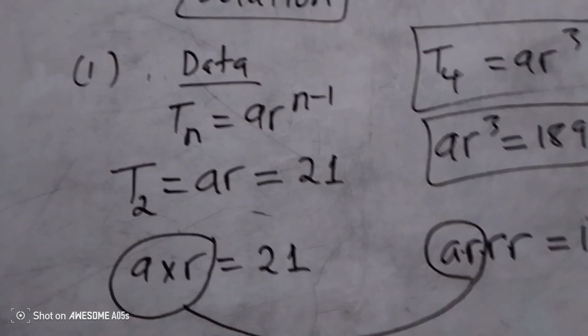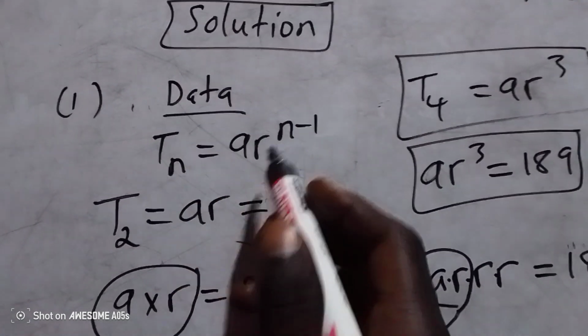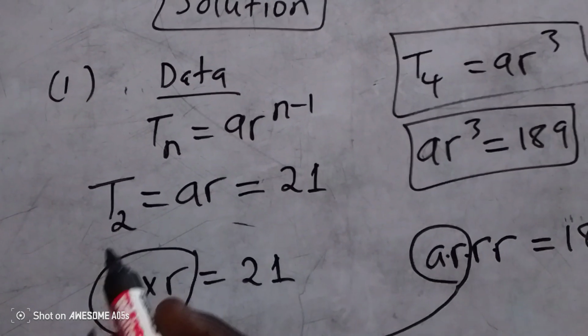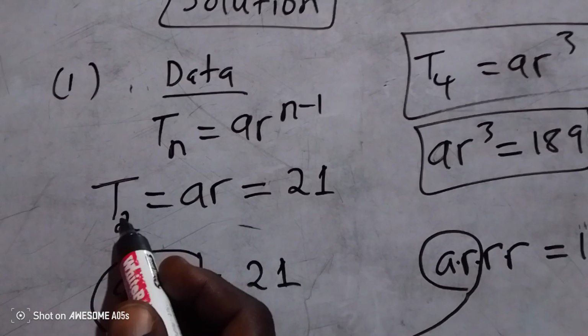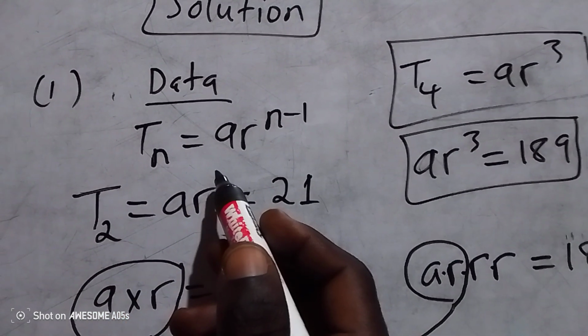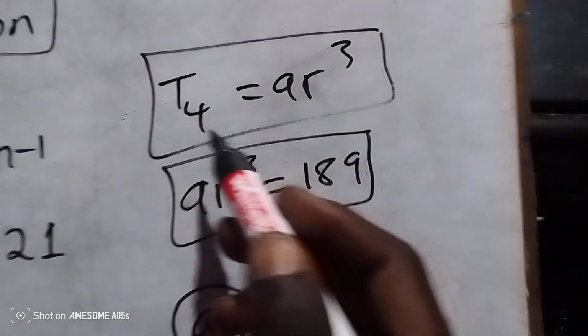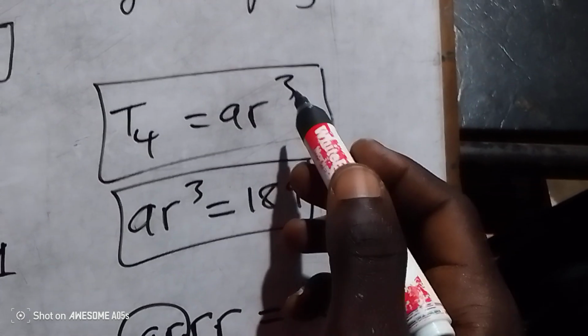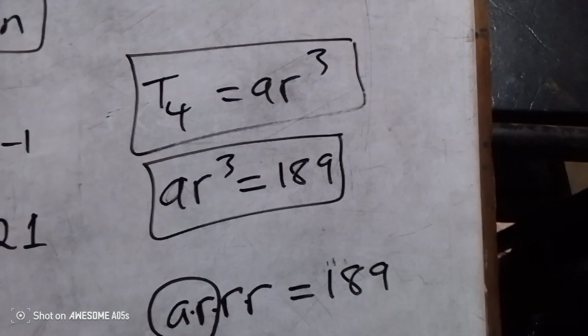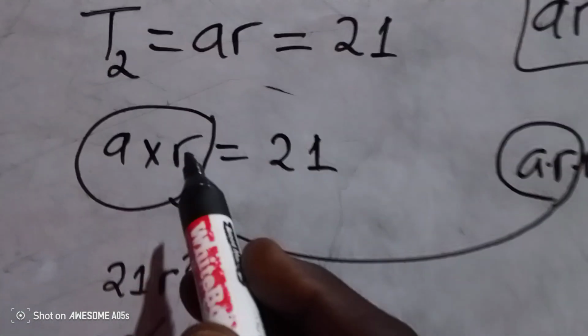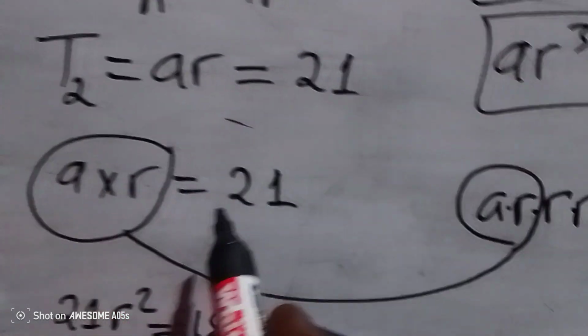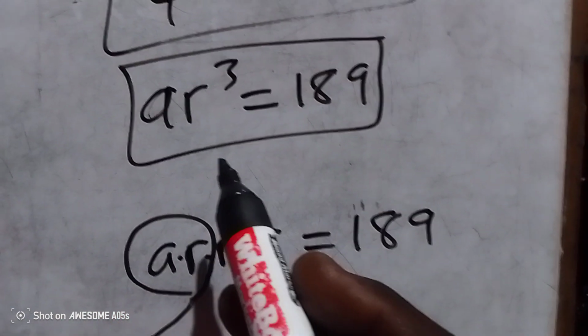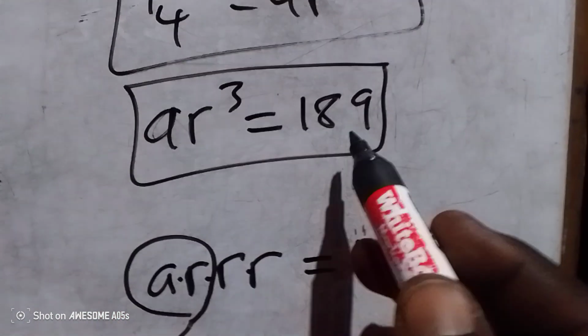I'll just go through the data. This is the formula, but we can simplify it to say that if your term is number 2, the power of r should be less by 1, just like if a term is number 4. Then we were told that the second term is 21 and the fourth term is 189.